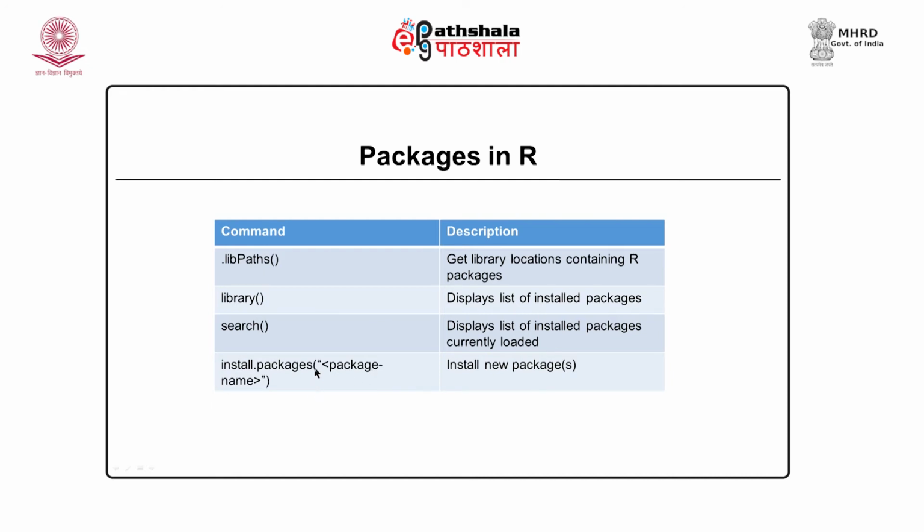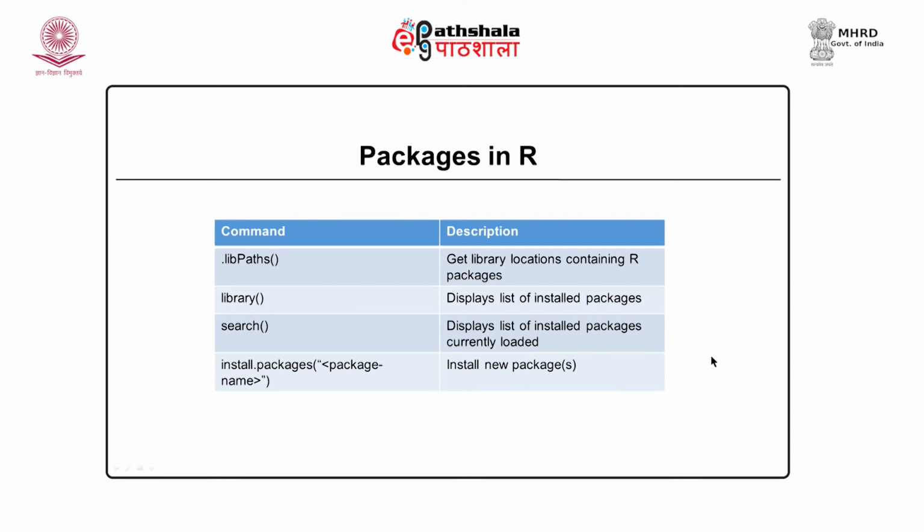If I want to deal with Excel files, I will type install.packages bracket double quotes xlsx. So, the Excel package and all the Excel utilities will be installed on my system. You may try out the functions like library, or you may try search function. You can see what packages are already available in your R environment.